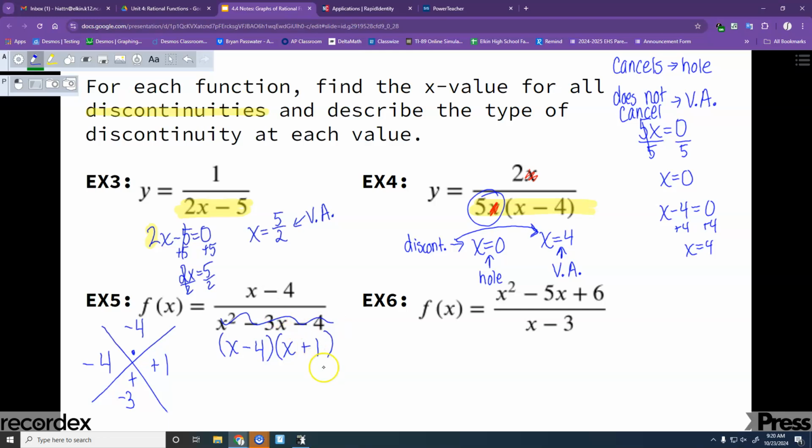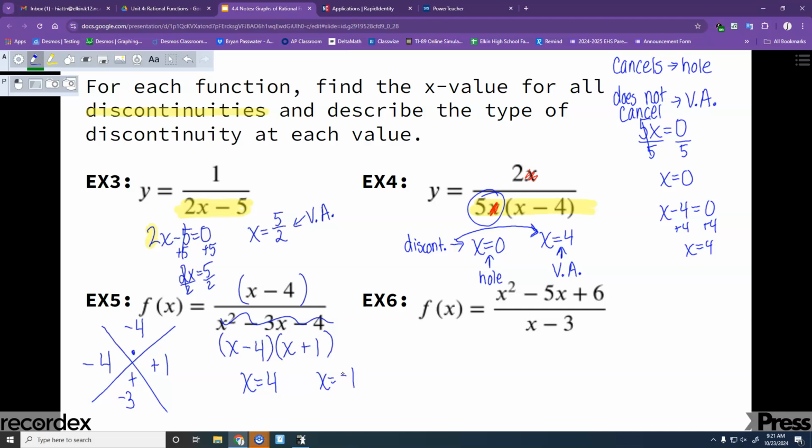Right? Okay, so now when I have it factored, can I tell what my discontinuities are going to be? x equals positive 4 and x equals negative 1. They are both discontinuities. But do I have a hole in the graph?